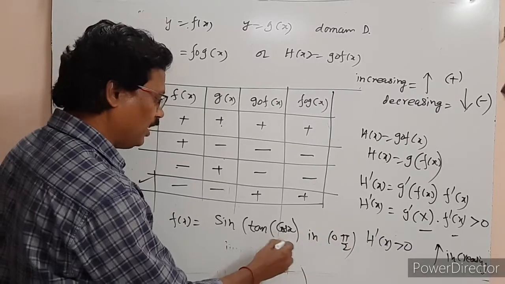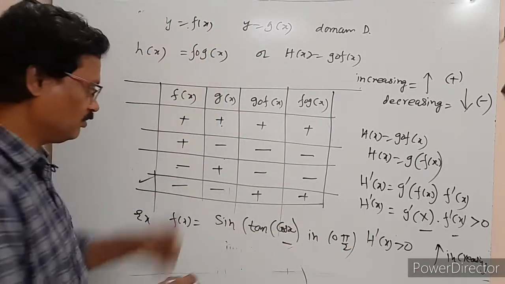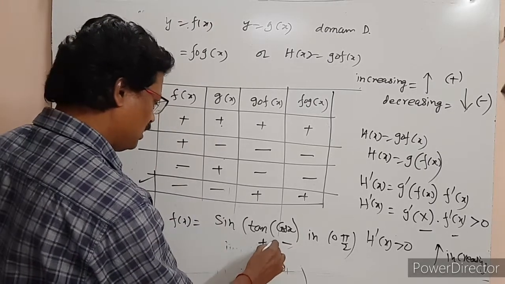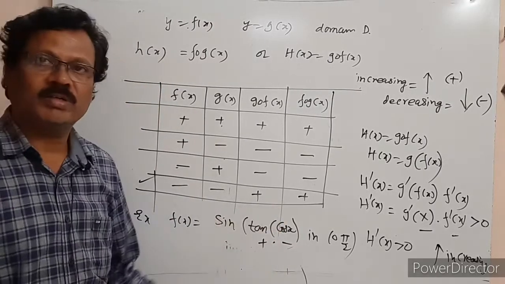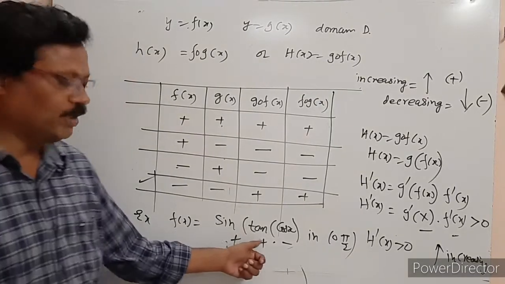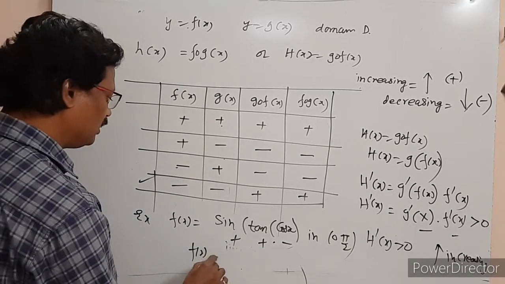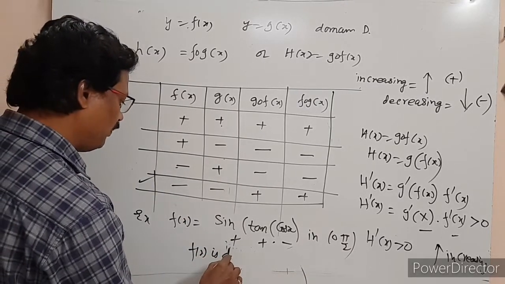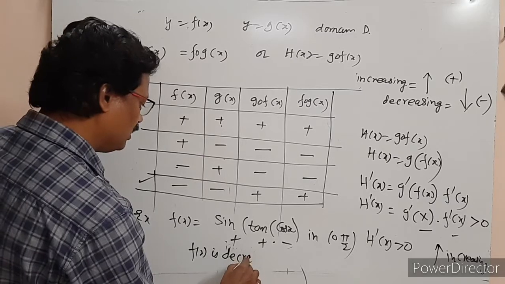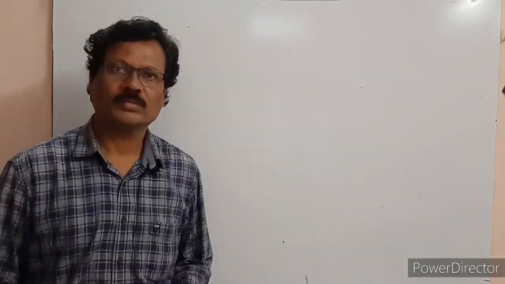Decreasing means it is a minus. Tan in 0 to pi by 2 is increasing, plus. What about the sine in that 0 to pi by 2? It is also increasing, plus. Therefore plus into minus, it is a minus. Therefore f x is decreasing in the interval 0 to pi by 2.